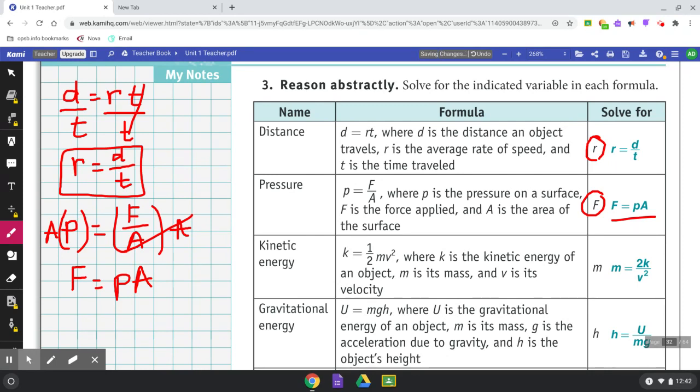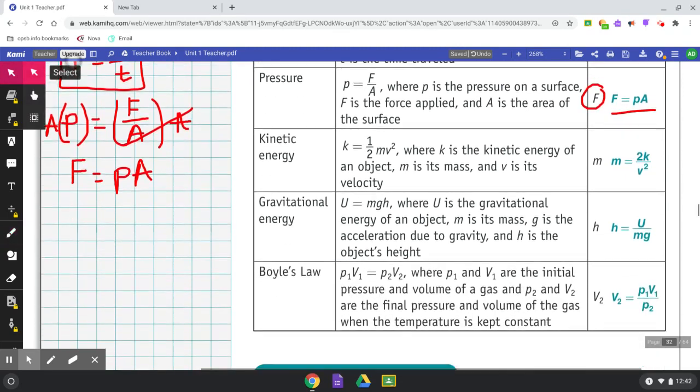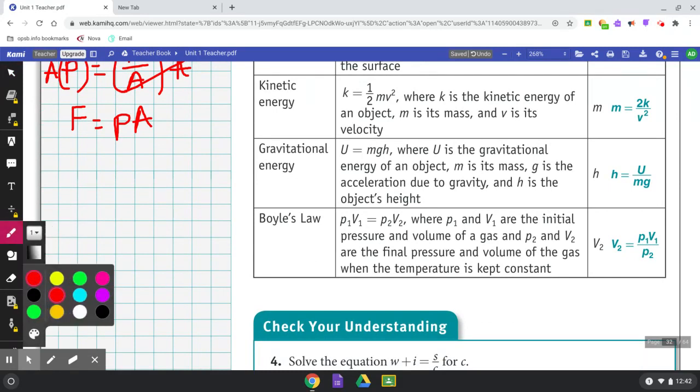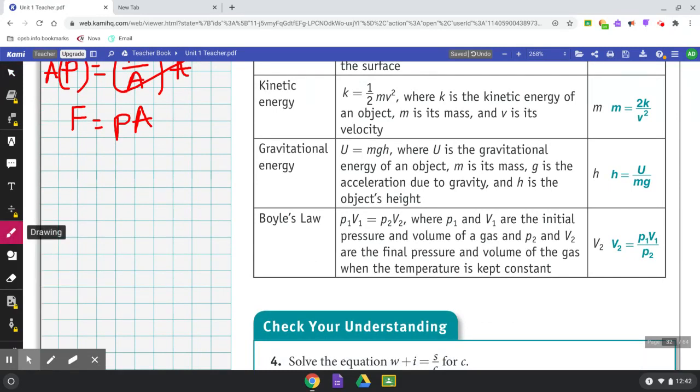All right, now kinetic energy. K equals 1/2 mv squared, where K is the kinetic energy of an object, m is its mass, and v is its velocity. All right, so now if I have K equals 1/2 mv squared, and it asks you to solve for the specific variable m, I'm going to isolate m.